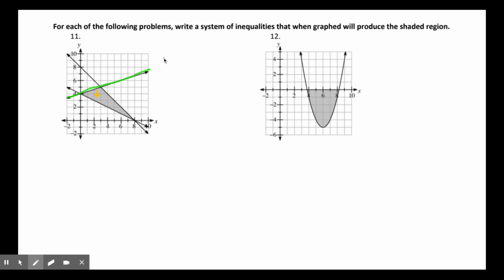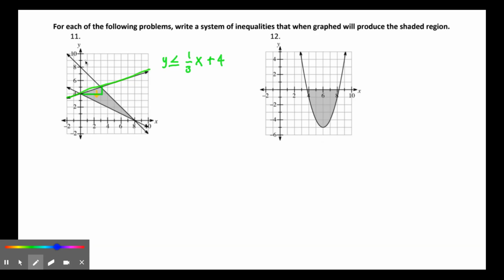So it's going to be y is less than or equal to. And then you just need to find the slope and the y-intercept. So the slope looks like it's to the right 3 and up 1. So it's 1/3 x and has a y-intercept of 4.